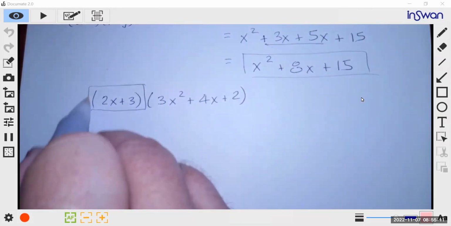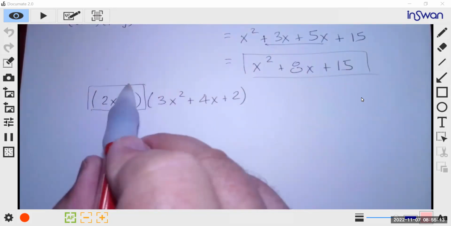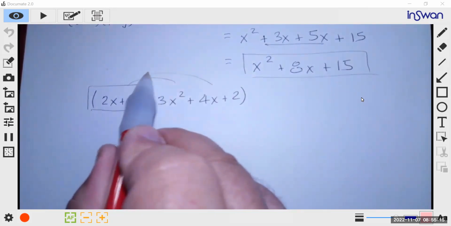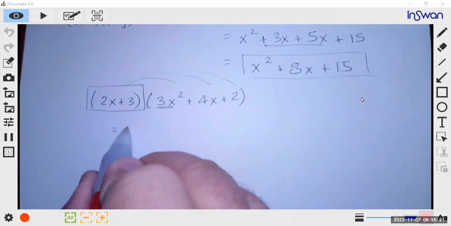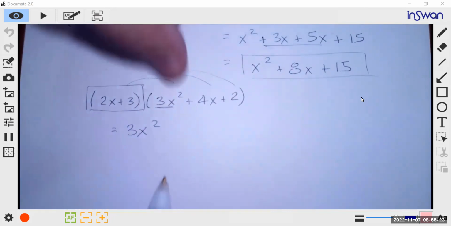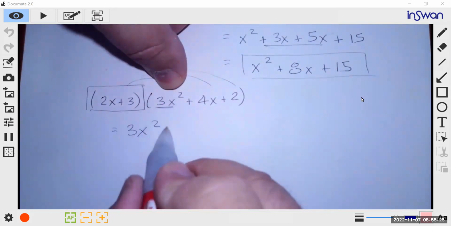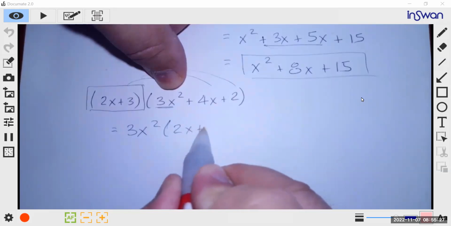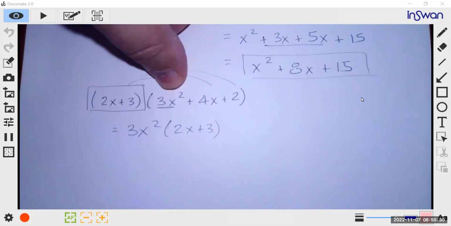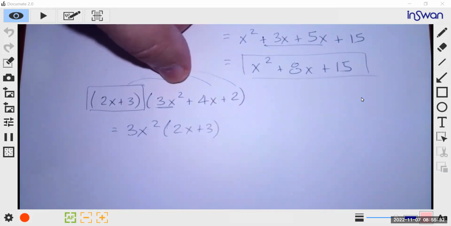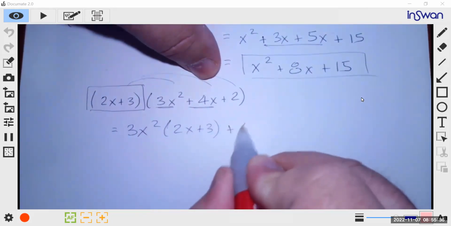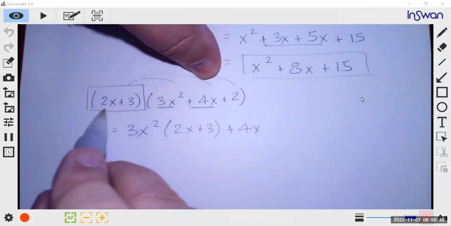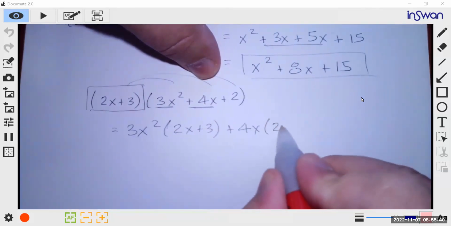Take the smaller parenthesis and multiply it to each term inside there. So we have a 3x squared, that's inside the second, times my 2x plus 3. I have a positive 4x times my 2x plus 3.